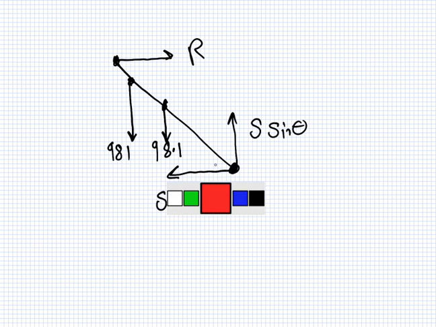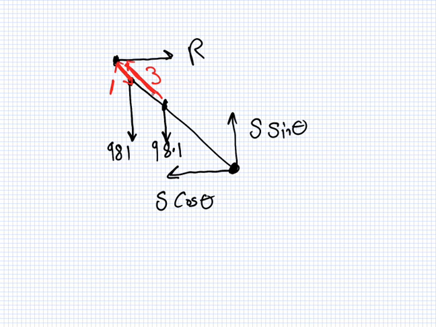We also know some distances. I know that here to here is 1, and then here to here is 3, and then the total is 6. The ladder is 6 meters long is what I was saying.